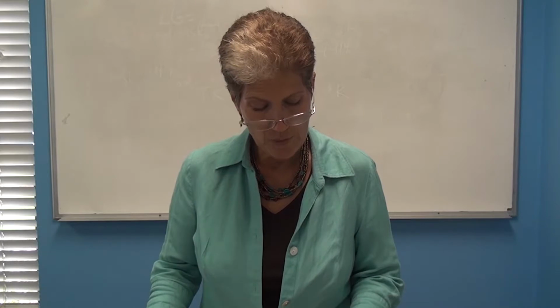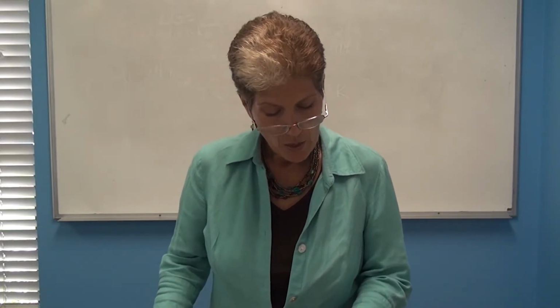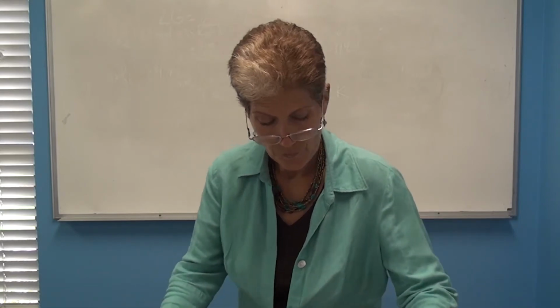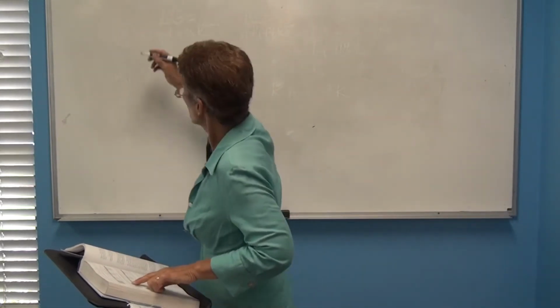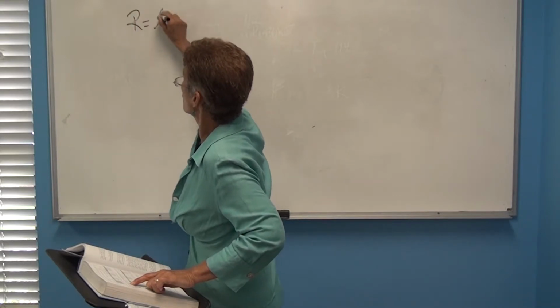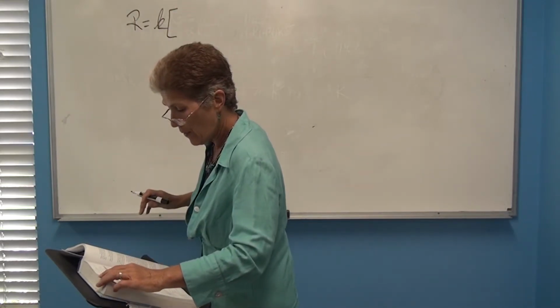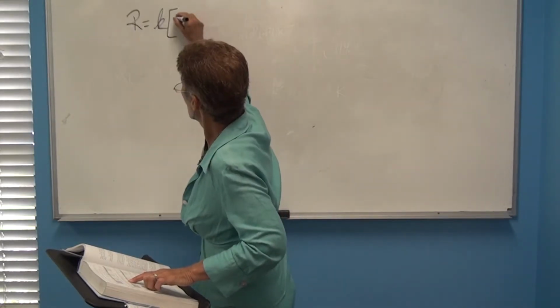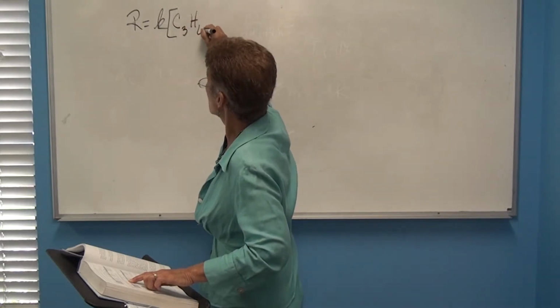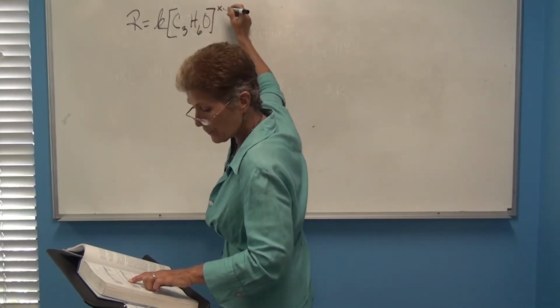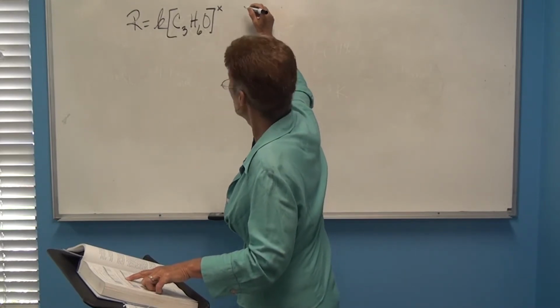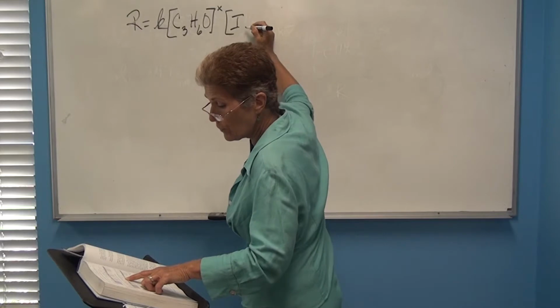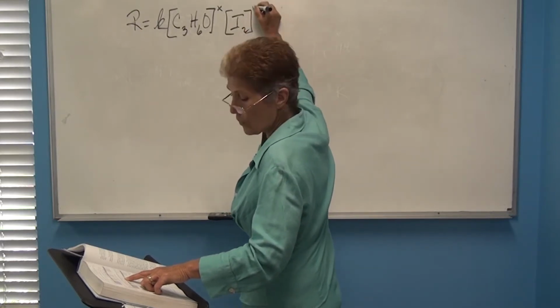Number 15, use the data in the table below to determine the rate equation, including the rate constant for the following reaction. Okay, so R equals k [C3H6O]^x [I2]^y.